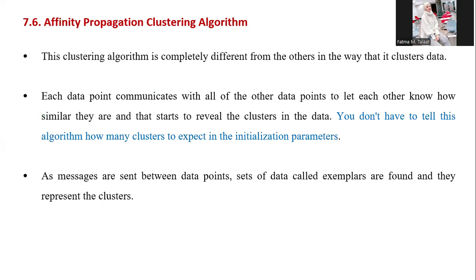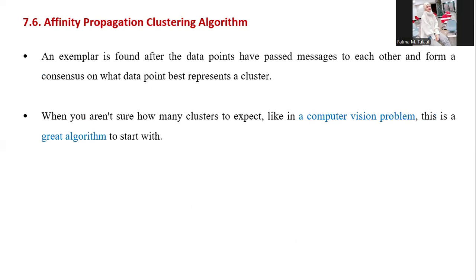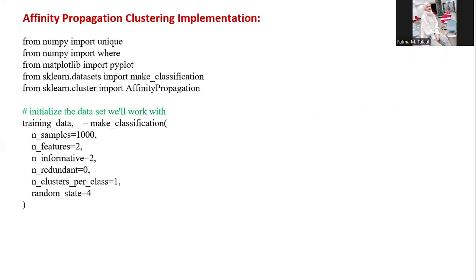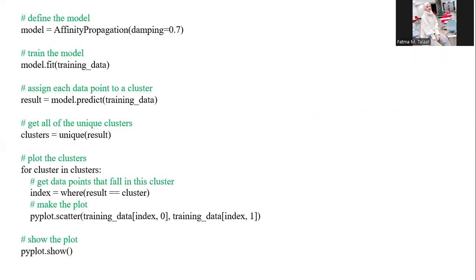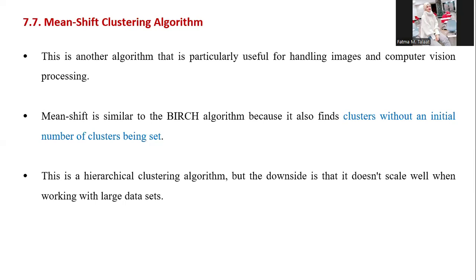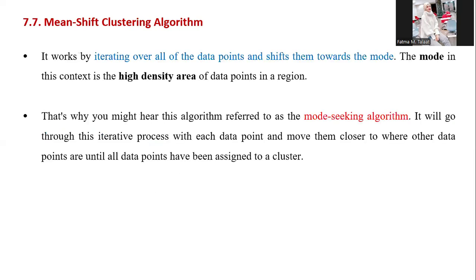Affinity propagation clustering algorithm: you don't have to tell this algorithm how many clusters to expect in the initialization parameters. We don't have to specify the number of clusters in this case, it will predict them. And how does mean shift work? It is similar to the BIRCH algorithm because it also finds clusters without an initial number of clusters.